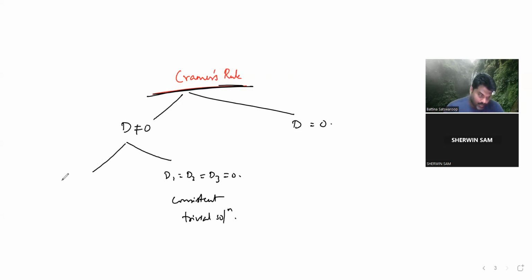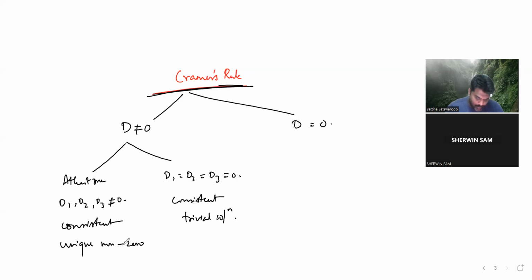If D is not equal to 0 and at least one of D1, D2, D3 is not equal to 0, this is consistent, but it will have a unique non-zero solution.